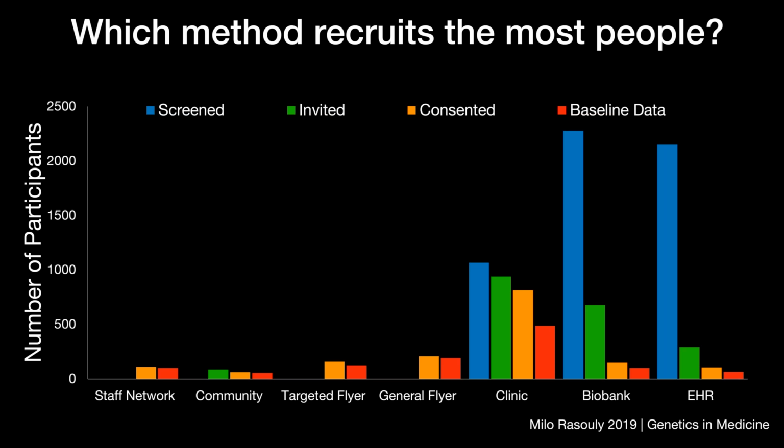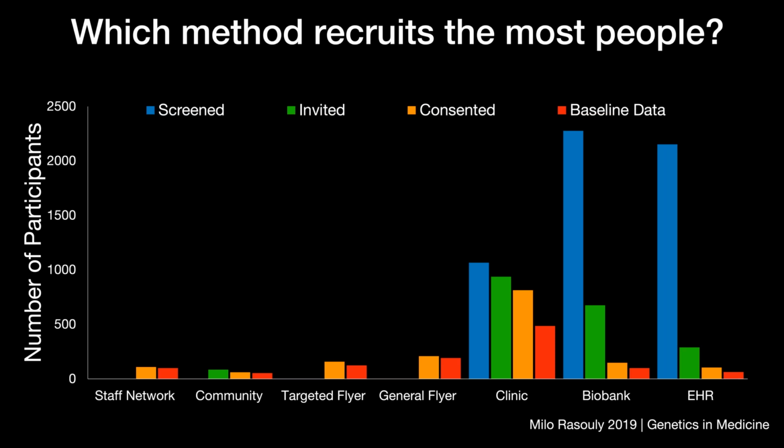But in terms of bang for your buck, if you look down at those orange or red bars, individuals who actually came in to provide data, you're getting a small fraction of those individuals actually coming into your studies. And in terms of converting the proportion of individuals that you are initially reaching to those who provide baseline data, you can see that you get better bang for your buck from virtually any other common recruitment method.